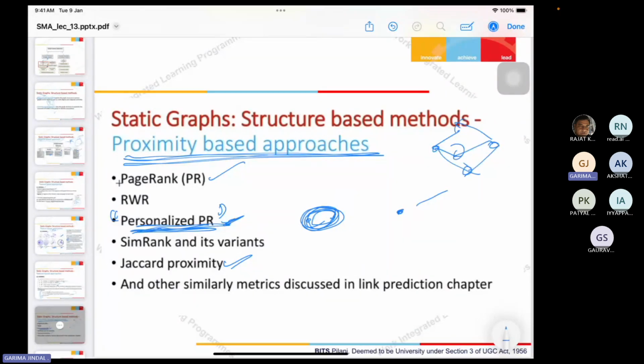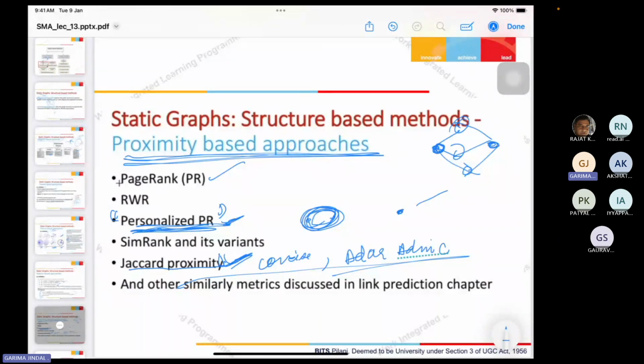To identify the number of common neighbors, we used the Jaccard proximity, and there were other proximity measures, for example cosine similarity, or the Adamic-Adar measure.